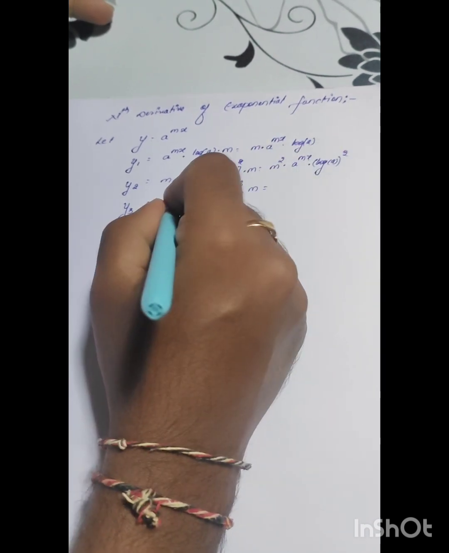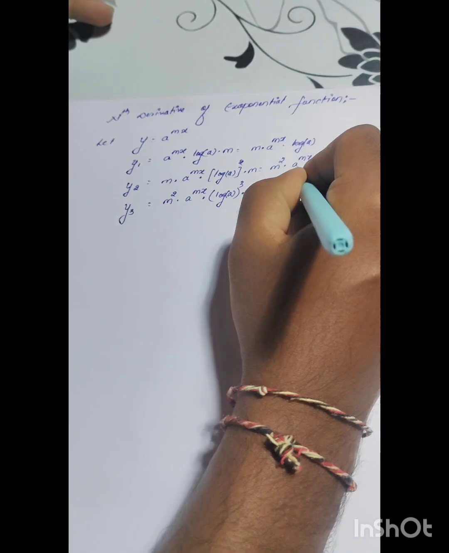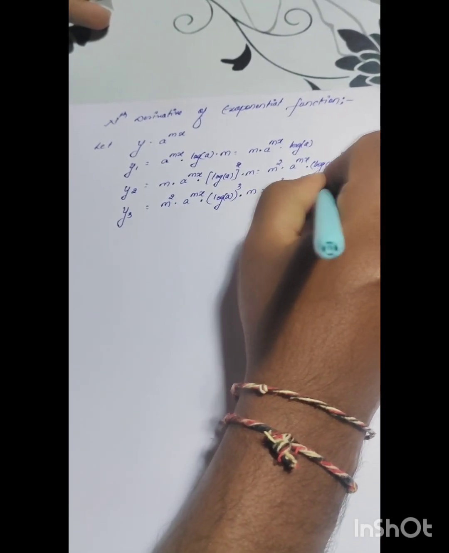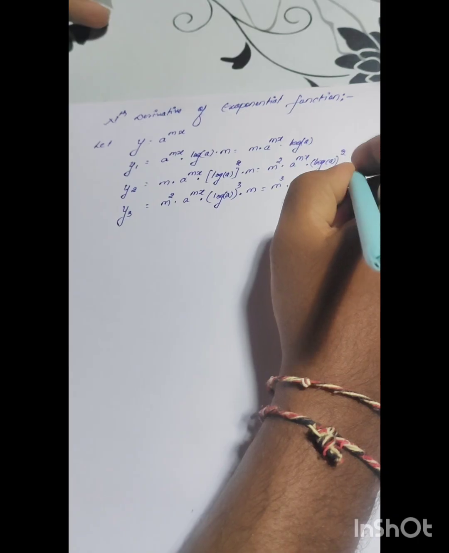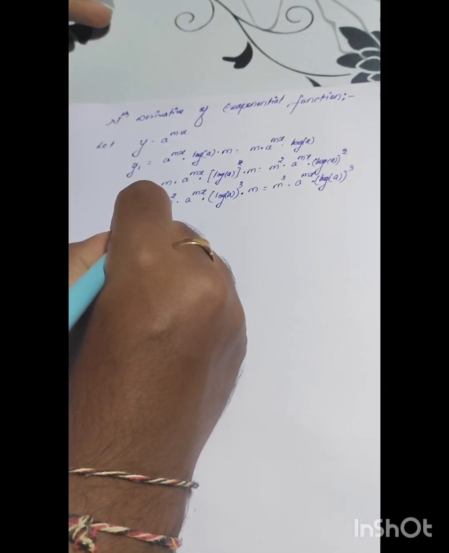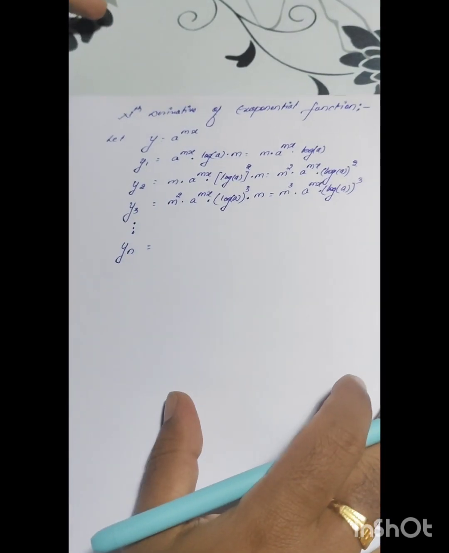So that will become m cube into a raised to mx into log a raised to 3. And so on, we will get the nth derivative of the function y.